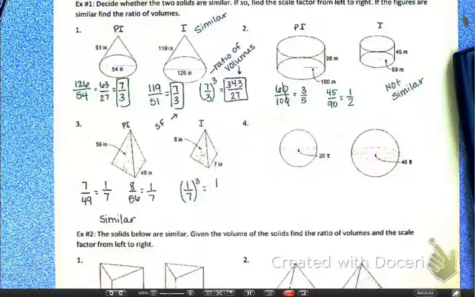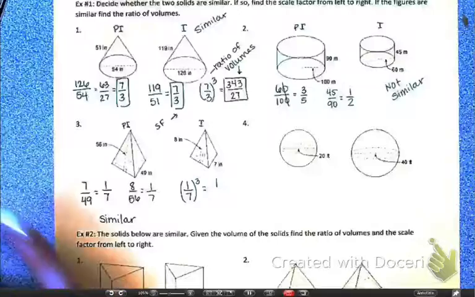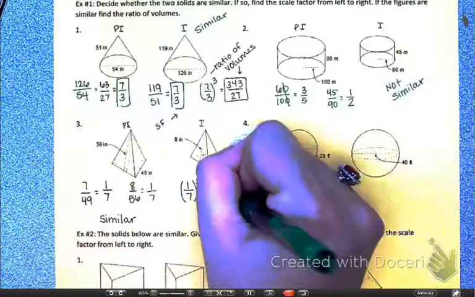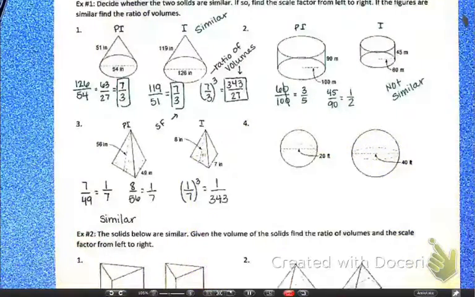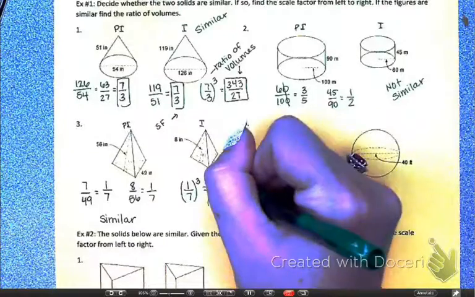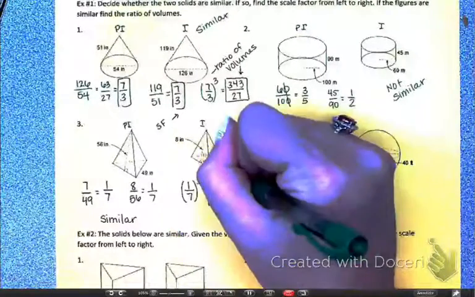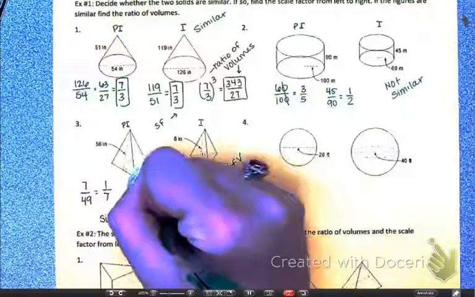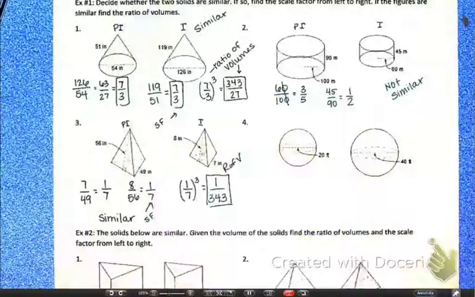What is 7 cubed? 343? Okay, so ratio of volumes, scale factor. Are we okay with that? Yeah? Number 4.